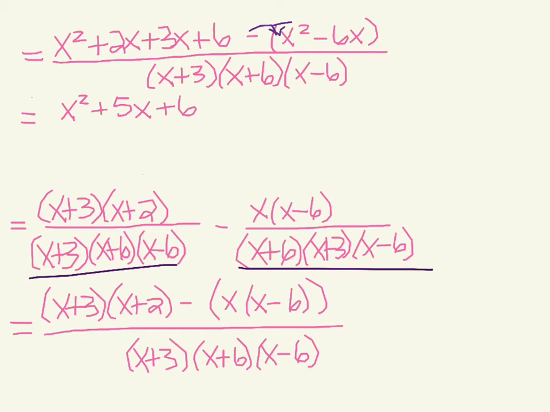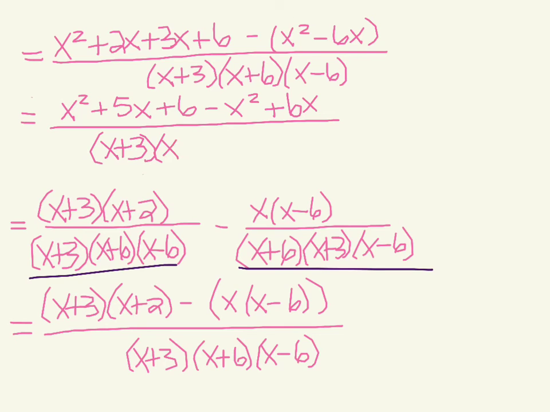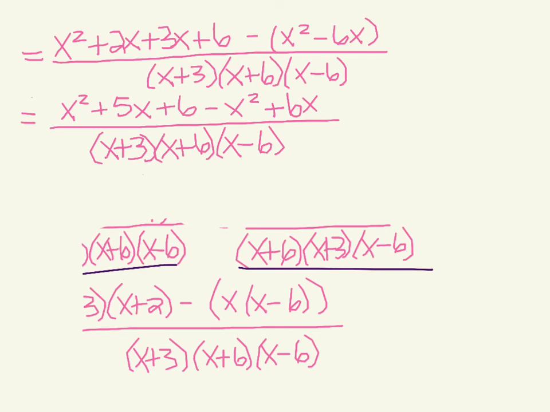This one's going to go to both terms, giving me minus x squared plus 6x over x plus 3 times x plus 6 times x minus 6. We're getting close. I need to erase some more room again. So let's go ahead and erase all of this.